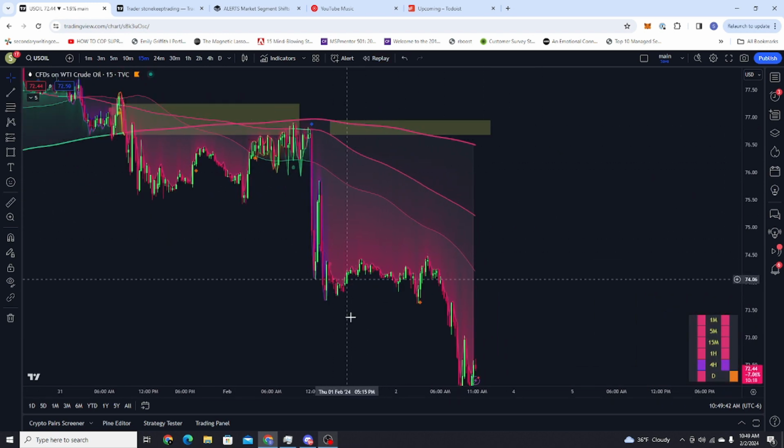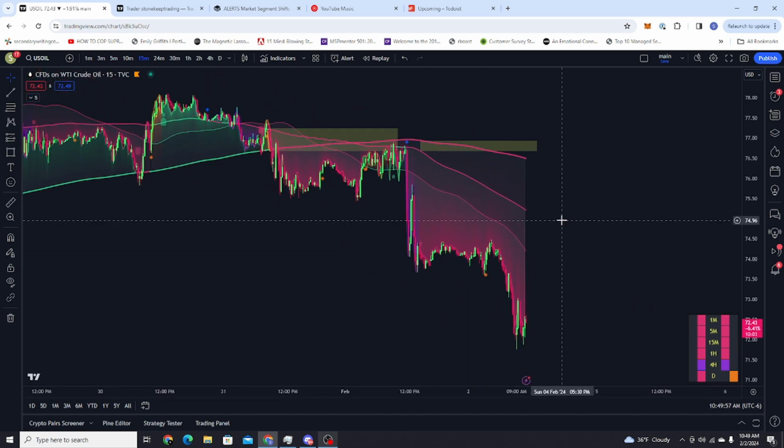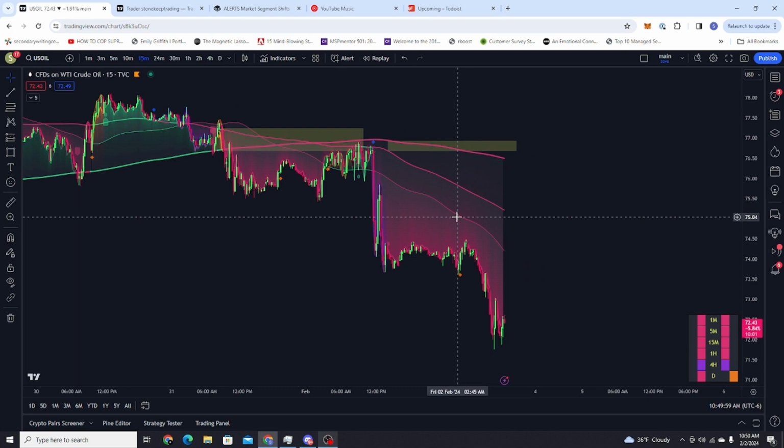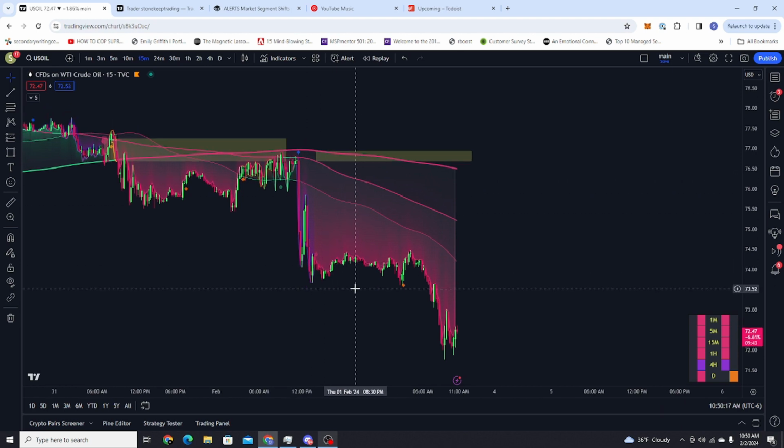Now this is an interesting case right here where the zone is very thin, but price is so far off it. So you've got to think from just a risk standpoint. If you were going to look to short down here, just using our tools, the next possible tell that you could get, other than our risk signals, which I'll talk about in a second, is if price were to come back up here at these regression lines and be able to make a bullish shift, telling you that you should probably not be in a short.